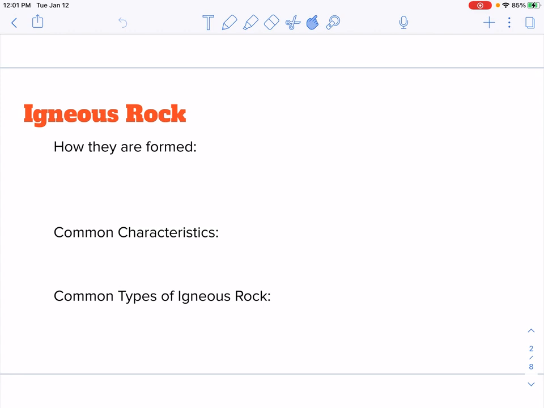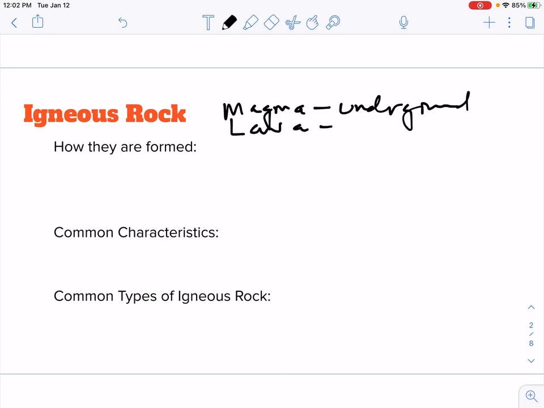When it's underground, it's still called magma, so we'll make a note there. We'll say magma is what it's called when it's underground. And when it comes out to the surface of the Earth, it's called lava. So we've got magma or lava, and when it cools, it forms igneous rock.